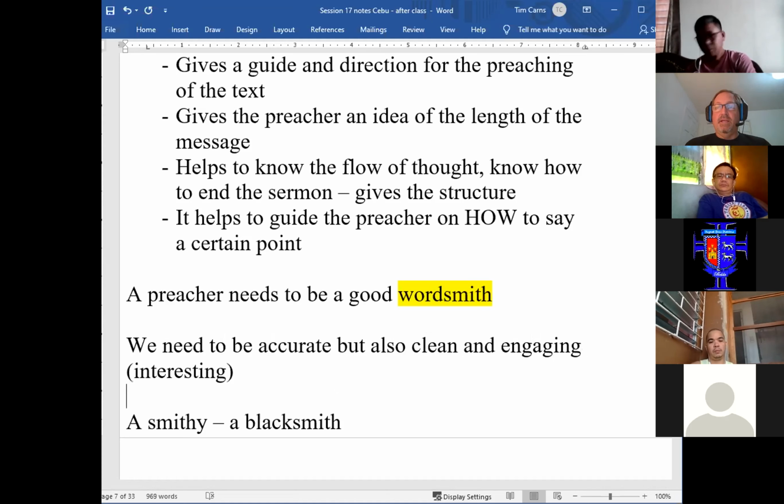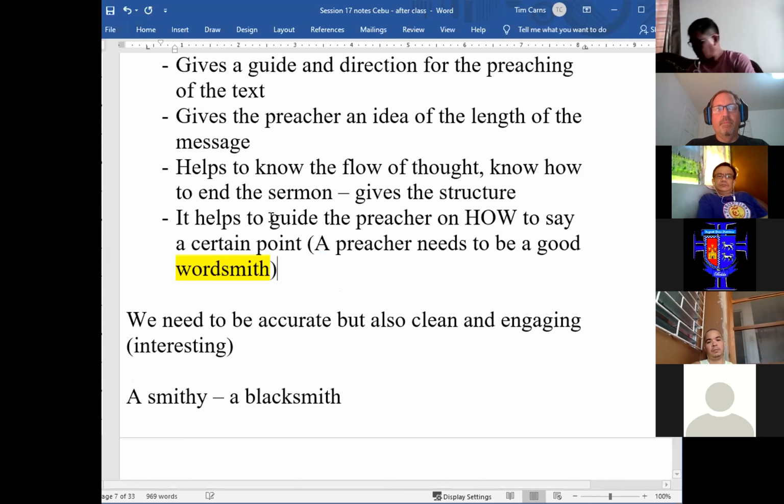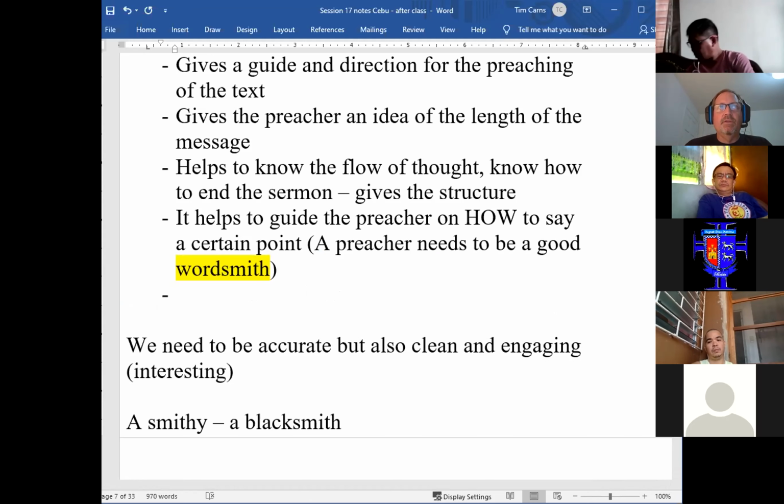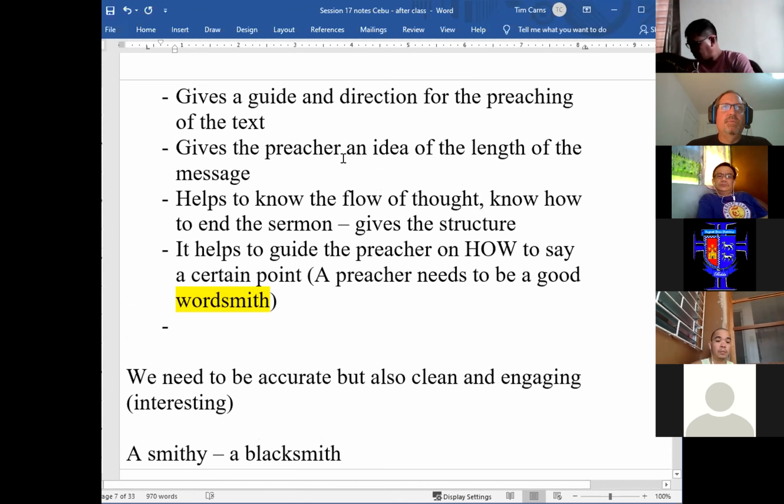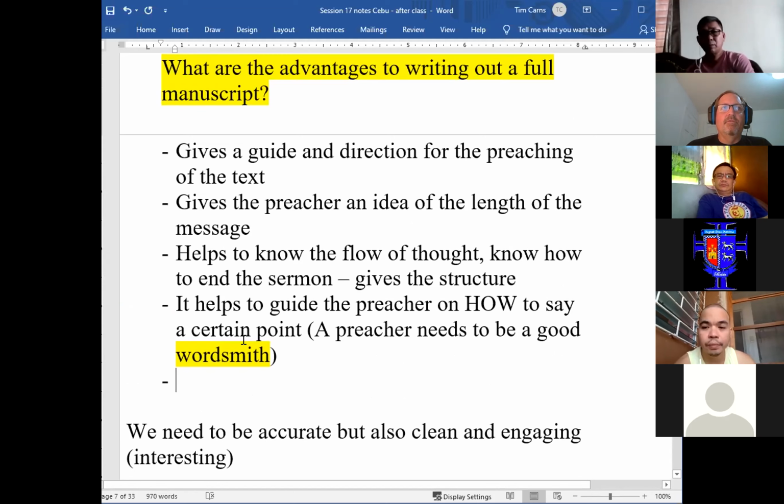And sometimes that has to do with just how you put words together. That's why I think a preacher needs to be a good wordsmith. That is a very important, helpful point, and doing a full manuscript assists you, aids you in that process. Any other advantages? We're still speaking about advantages to writing out a full manuscript.